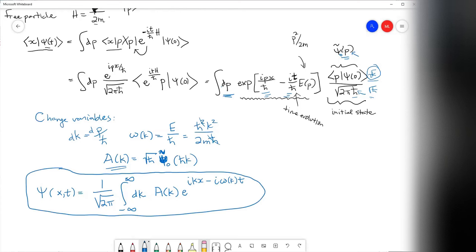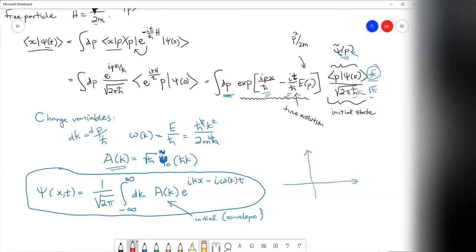This amplitude comes from the initial state, and it gives you the envelope for your wave function in momentum space. And it's just the Fourier transform of your initial wave function.